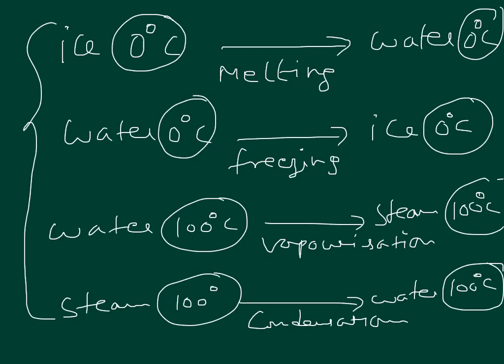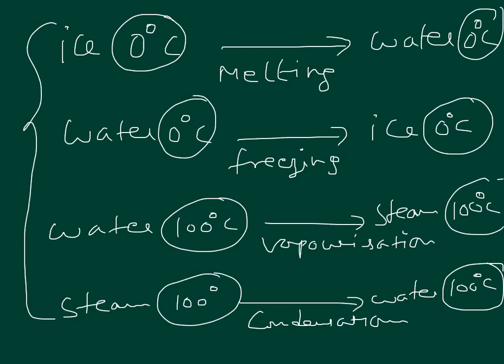Directly, I can't convert ice at 0 degrees to water at 100 degrees centigrade. If I want to convert ice at 0 to water at 100, first ice at 0 goes to water at 0, and next water at 0 to water at 100. There are some steps.